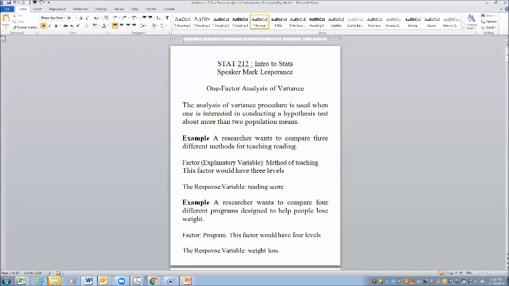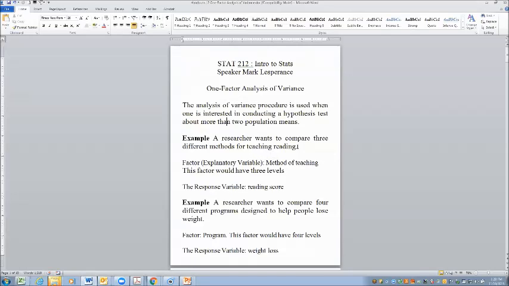So some places where analysis of variance might be appropriate would be where a researcher wants to compare 3 different methods for teaching reading. I have a reading score that I can use to evaluate reading capabilities. I can take my participants and split them up into 3 different groups.